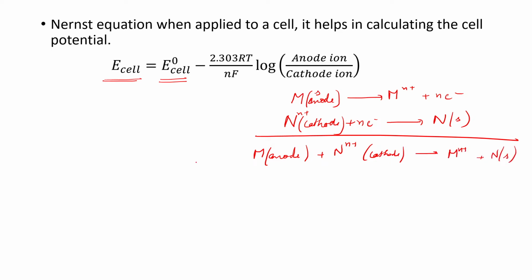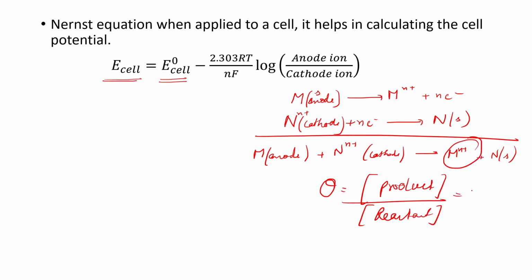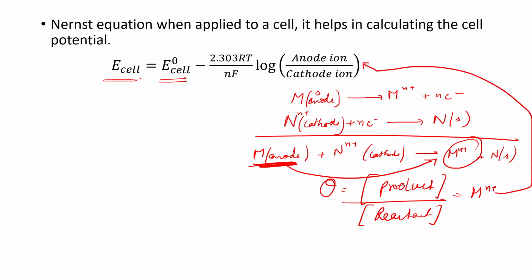So basically if you write the Q for the reaction, that is product concentration over reactant concentration. For the product we have M n+ ions, which are the ions coming from the anode. Okay, that's why it is written as anode ion.